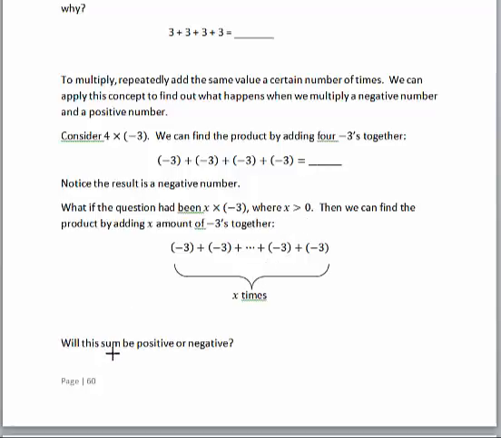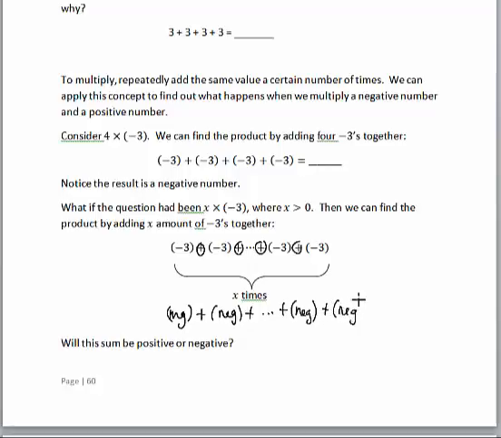Will this sum be positive or negative? Well, here we are adding as indicated by these plus signs. And then what type of number are we adding? Well, we're simply saying a negative number plus a negative number plus dot dot dot plus another negative number.